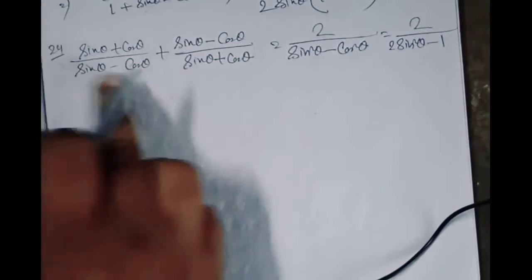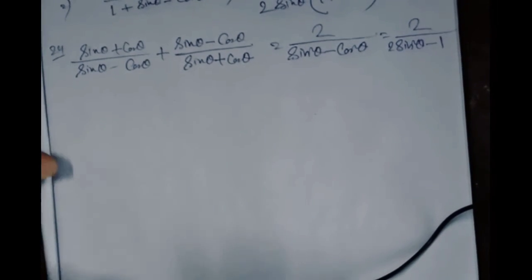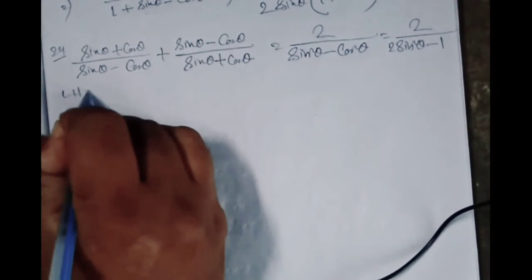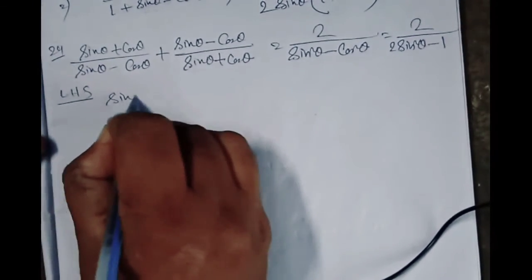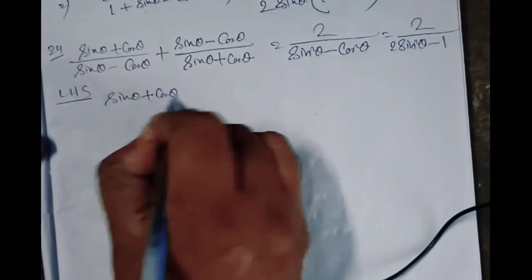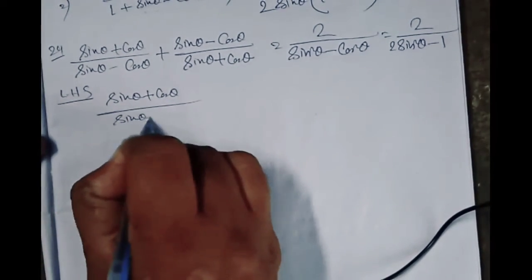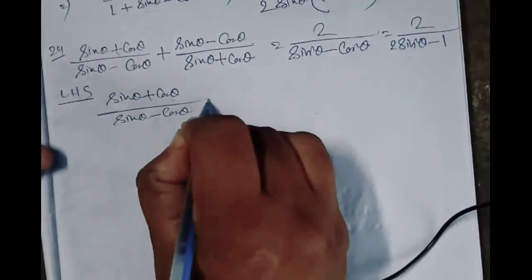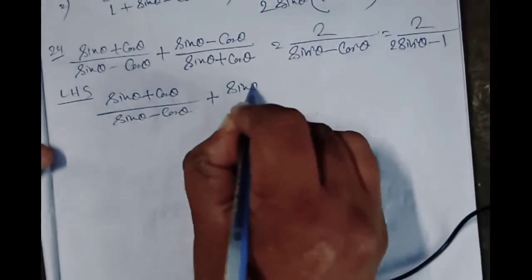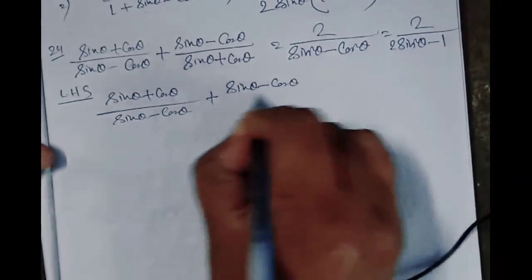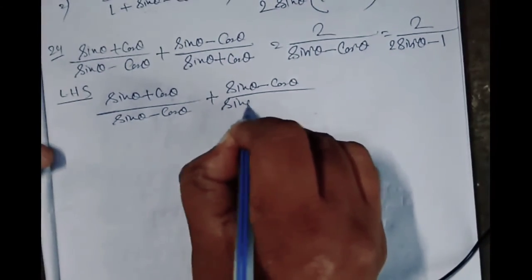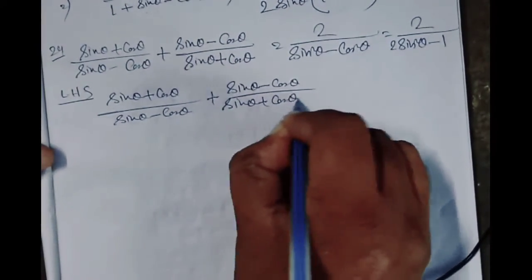first we are taking the LHS, that is (sin theta plus cos theta) by (sin theta minus cos theta) plus (sin theta minus cos theta) by (sin theta plus cos theta).